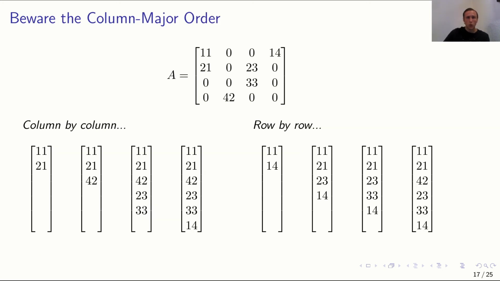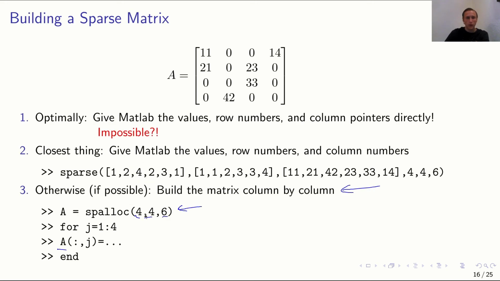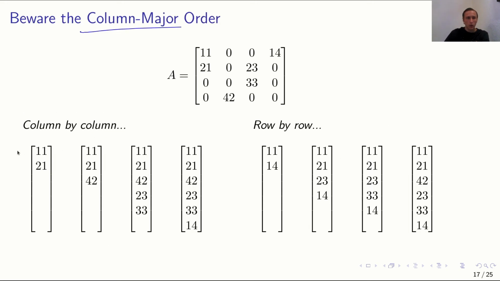So why column by column and not row by row? Obviously, it's going to be because of the column major order in which Matlab has implemented things. So if you allocate your object beforehand using this sballoc, Matlab will know that it needs to create an array of 6 elements.